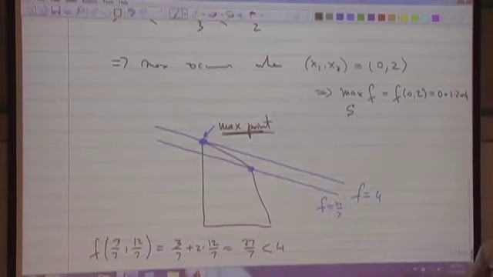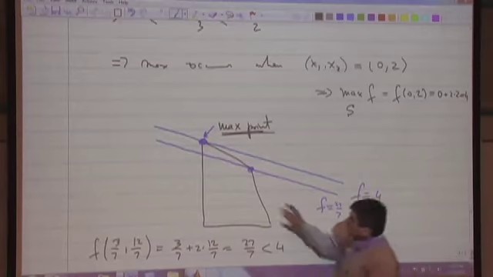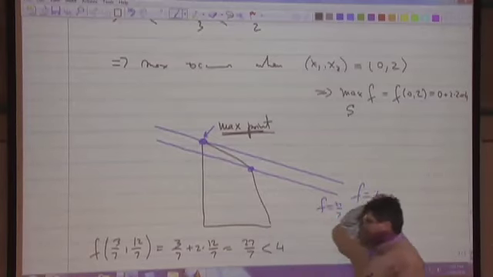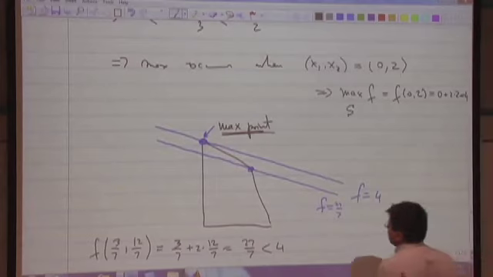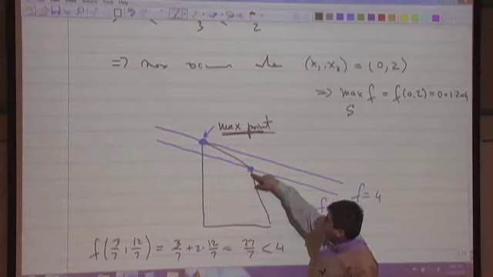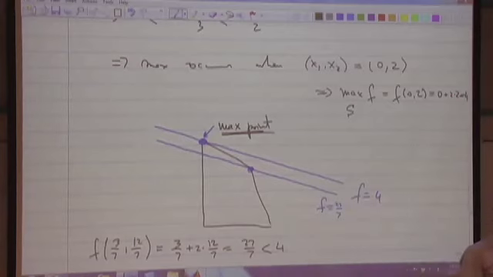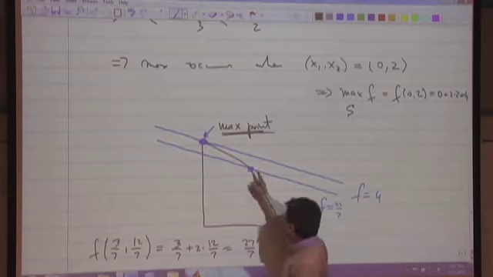Okay. So that's one way to do it, and it's not very efficient when you think about going to 3 variables and more, because we don't even talk about slopes there. What would be another way of finding the maximum? Well, it could be as easy as looking at the vertices only and evaluating the function at the vertices.